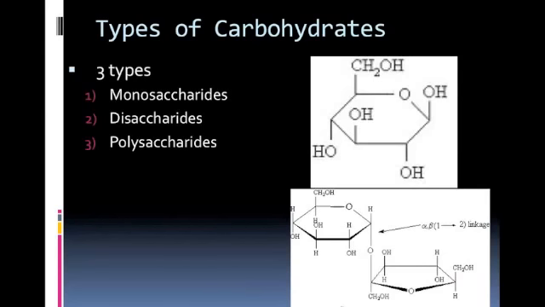A disaccharide is when you put two monosaccharides together, like in the picture below. You'll see that they have linked and bonded two monosaccharides together. And this picture shows sucrose, which is your table sugar. And then a polysaccharide is 3 or more monosaccharides added together. So if you added another glucose onto that sucrose, then you would end up with a polysaccharide.